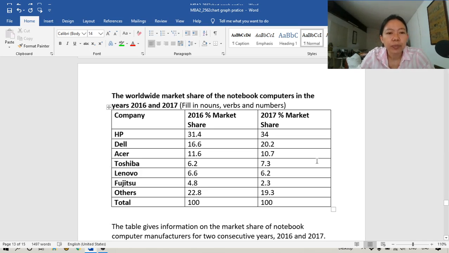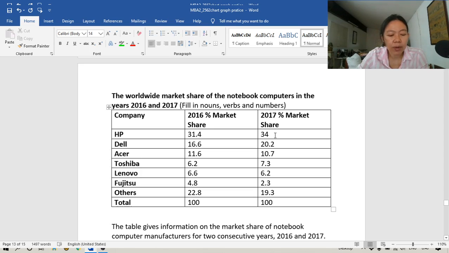So here, the table gives information on the market shares of notebook computer manufacturers for two consecutive years, 2016 and 2017. So in both years, HP was clearly the market leader, selling 31.4% of all notebook computers in 2016 and 34% in 2017.